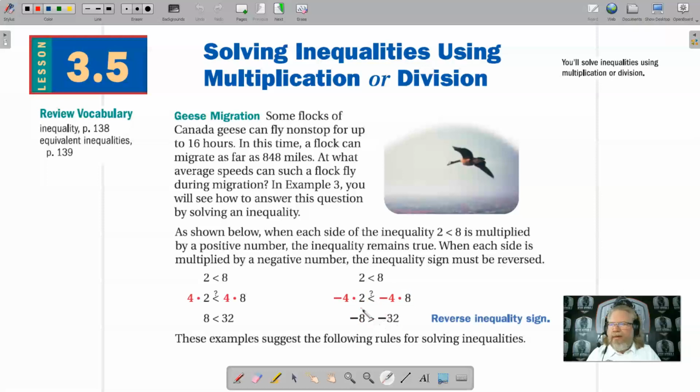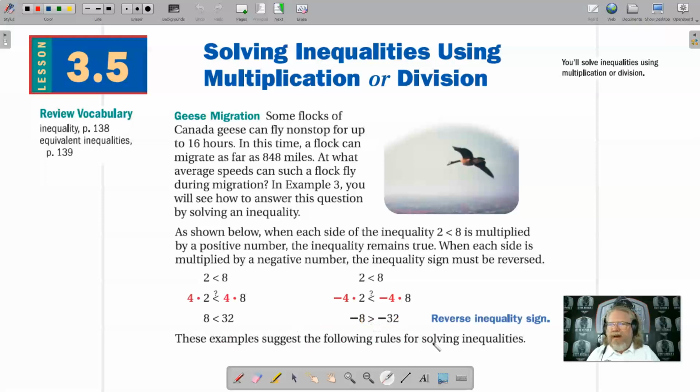And we end up with negative 8 on the left, negative 32 on the right. We know that negative 8 is greater than negative 32, so we need a greater than sign. But we started with a less than sign. So in order to make the inequality true, that is to say, in order to have the correct symbol between the two values, we had to flip the sign, or you might say reverse its direction.